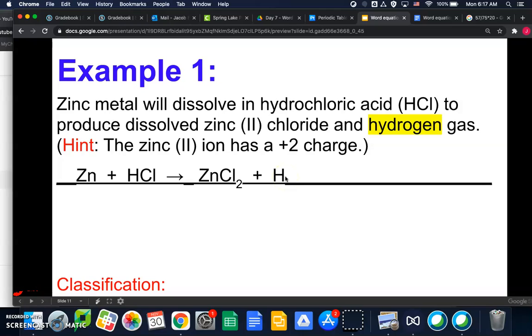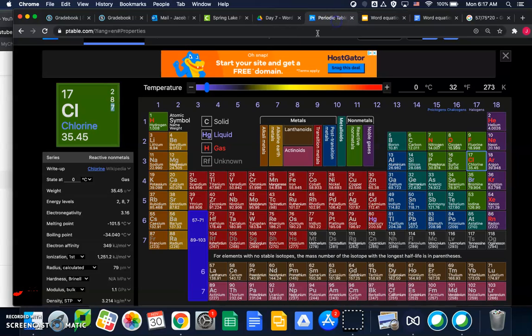Now remember that hydrogen is one of those elements where when it's by itself, there always has to be 2 of that atom. And so other atoms like that, so we have hydrogen, other atoms like that are nitrogen, oxygen, fluorine, chlorine, bromine, and iodine. So I always remember it as the 7 + 1 rule.